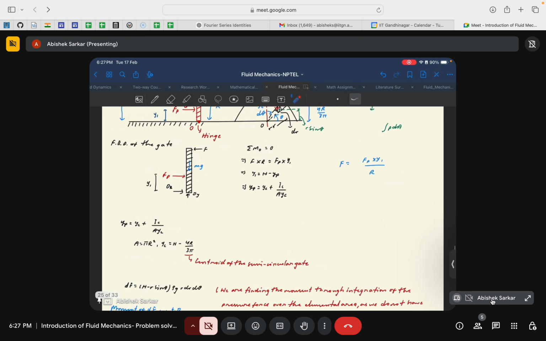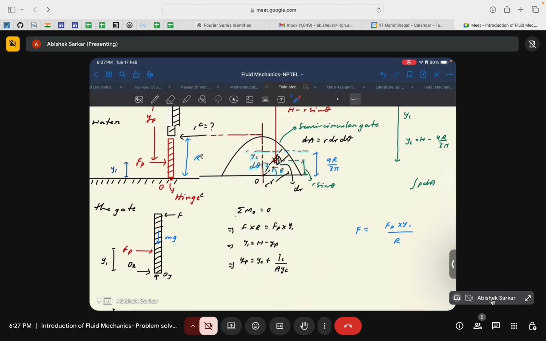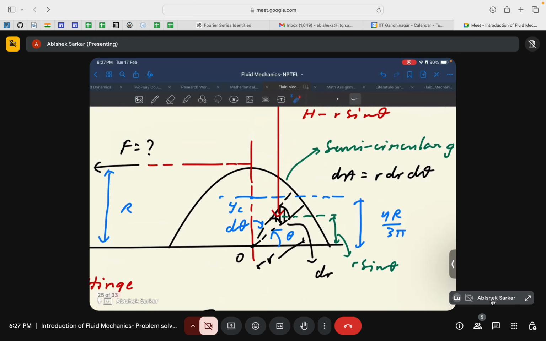Let us first try to find the net force that acts on a particular area element of the disc. I can zoom it. So this is your small elemental area of the semicircular disc. This area can be found out by finding these two lengths.